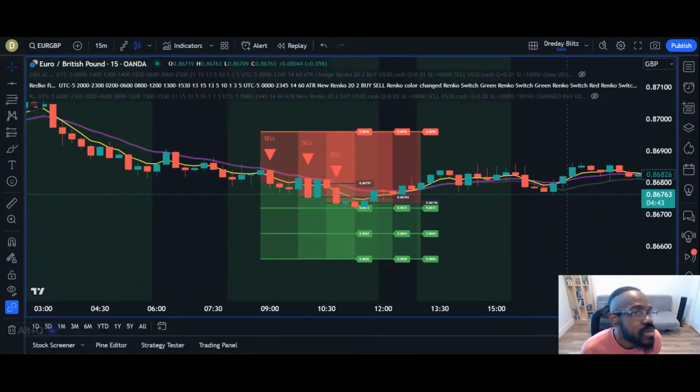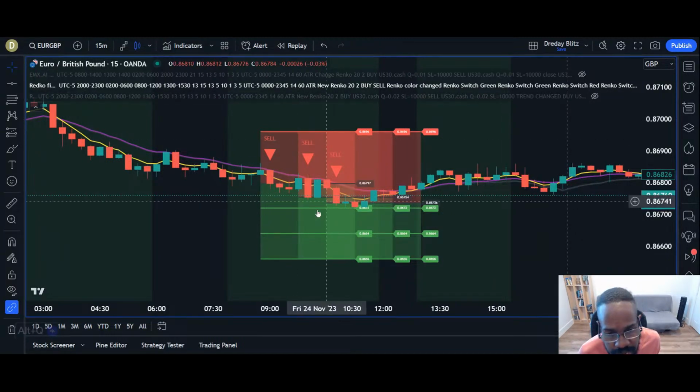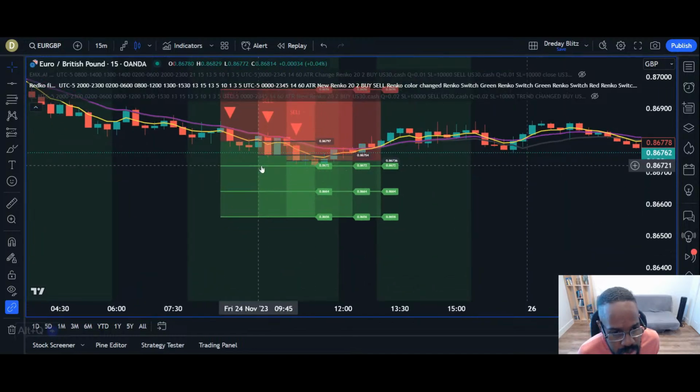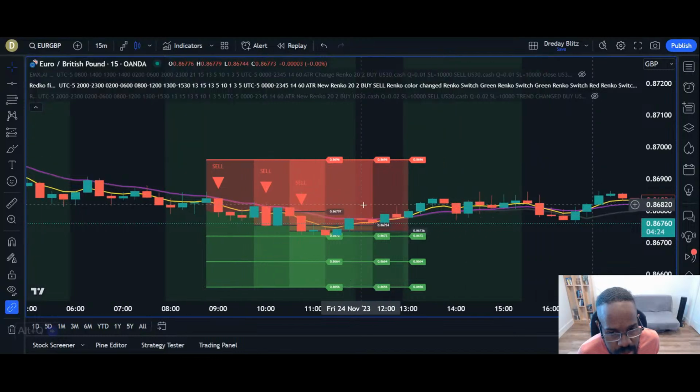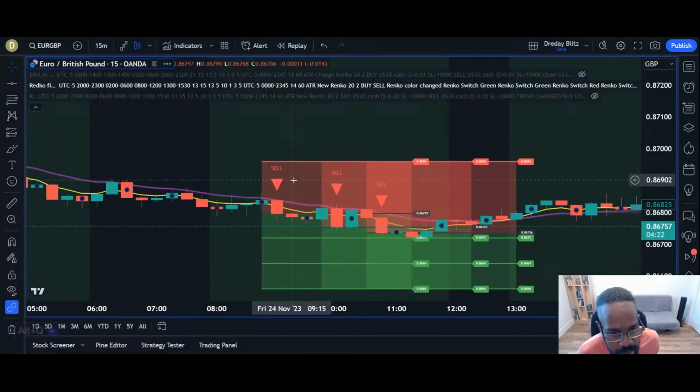So you won't need to add your lines for each zone, because it's going to show you the zones automatically. It's already calculated within the take profit zones here. Your stop loss is already put in.